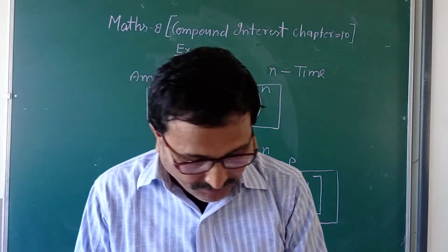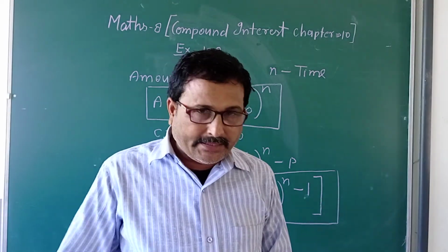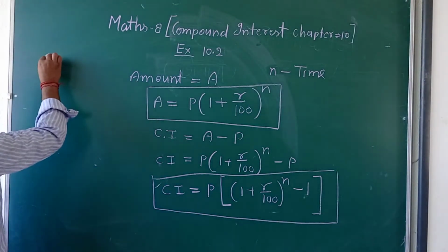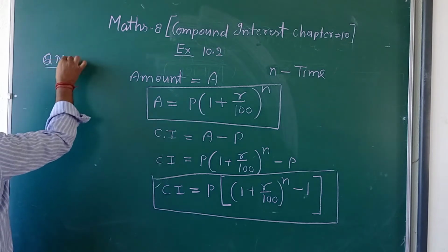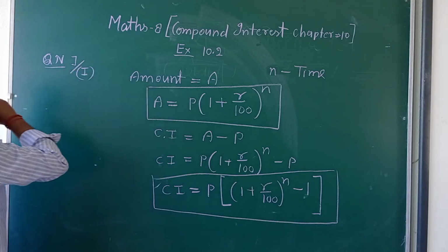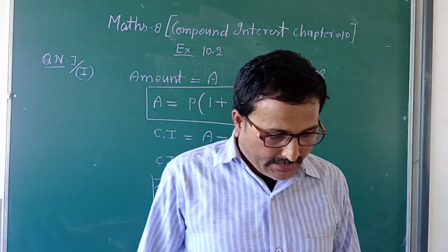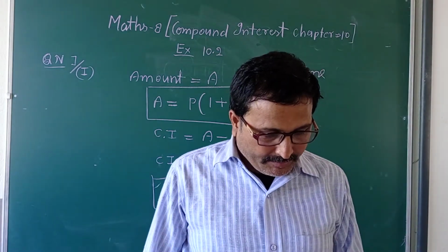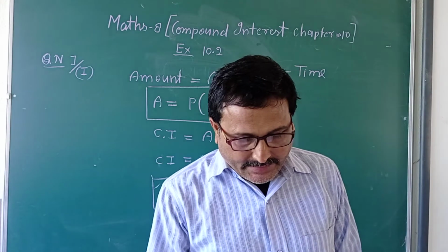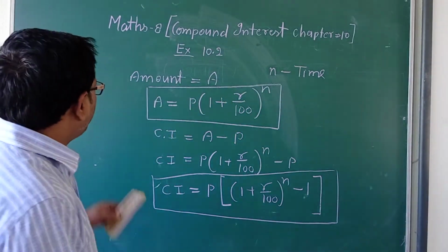Given, calculate compound interest on... question number 1, first part. Calculate the compound interest on rupees 2000 for 2 years, rate is given 10% per annum. See the question.